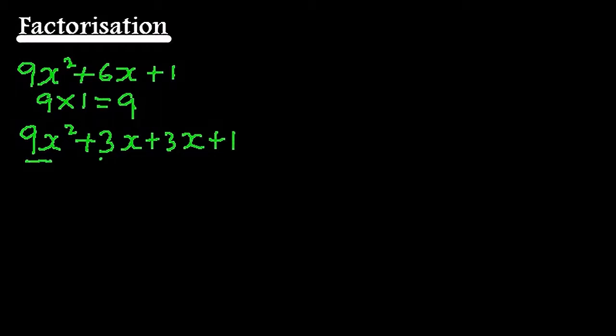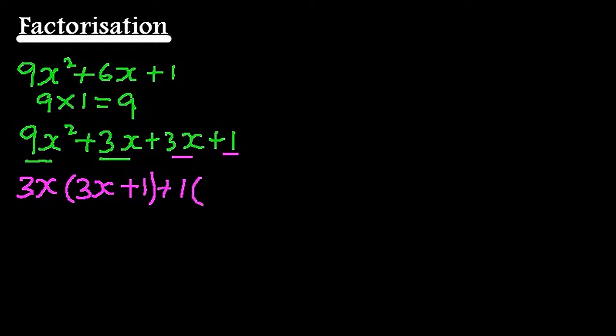Here we factor out 3x, so we will get 3x into bracket 3x plus 1, close the bracket. Here we factor out 1, so we have plus 1. We are left with 3x plus 1. Now 3x plus 1 is common, so we factor it out.